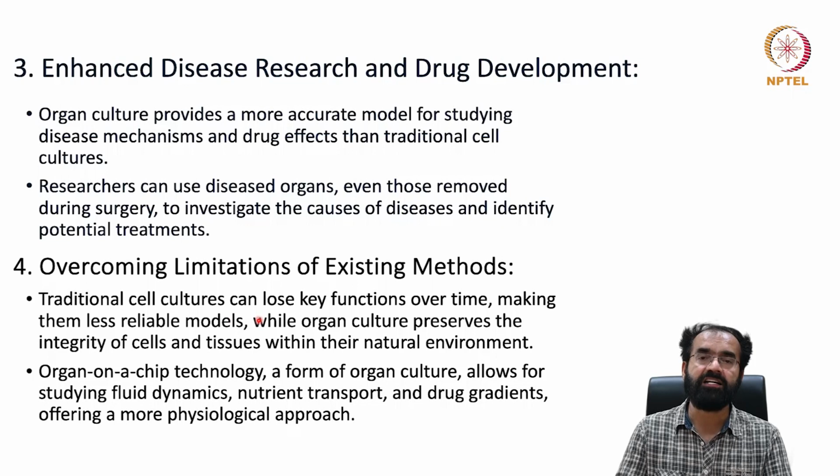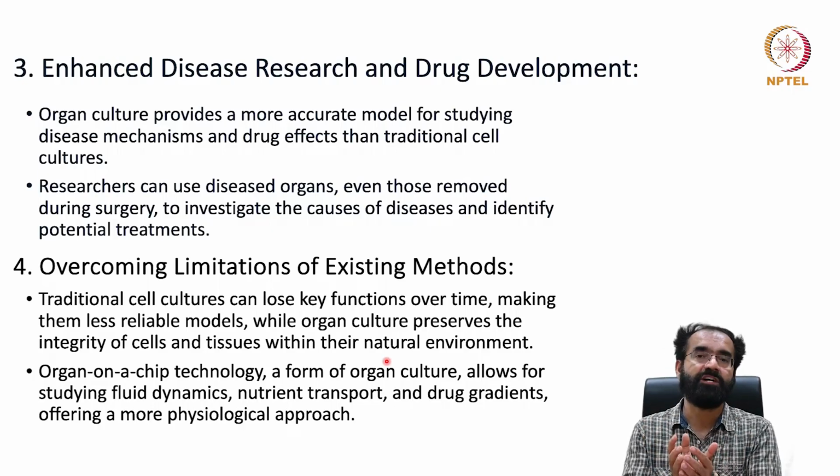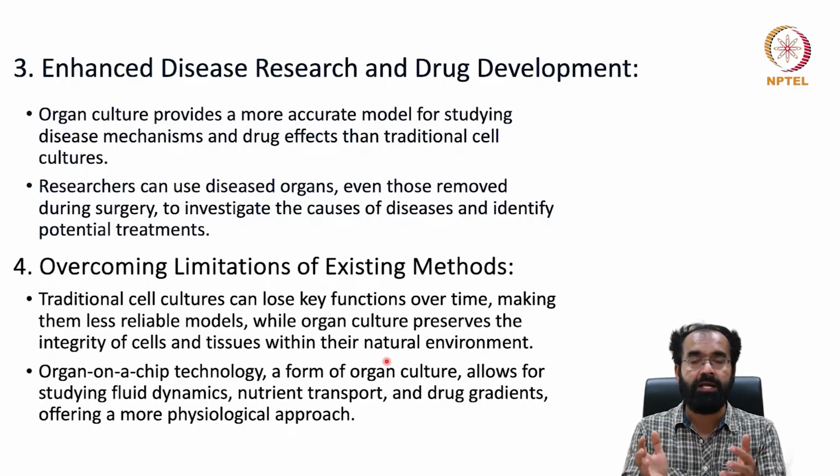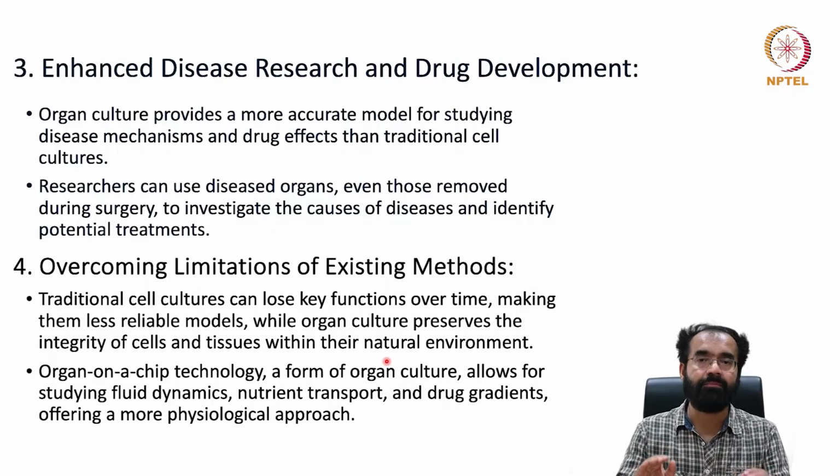The traditional cell cultures, like production of cells, can lose key functions over time, making them less reliable models, while organ culture preserves the integrity of cells and tissues within their natural environment. Because when the cell is three-dimensional, of course credit goes to the ECM, it will be more homely than when you make them into a two-dimensional flat surface.